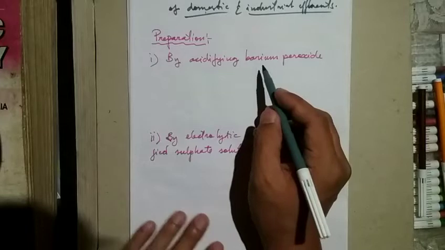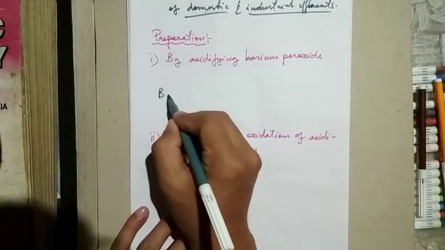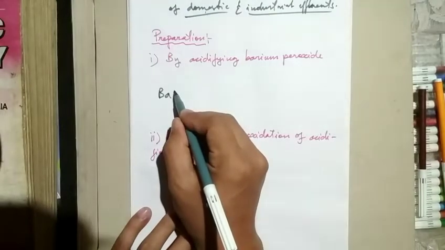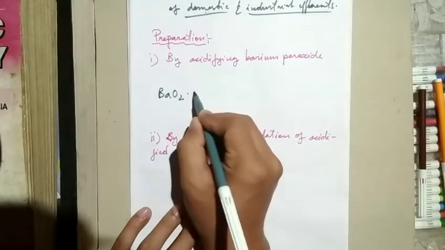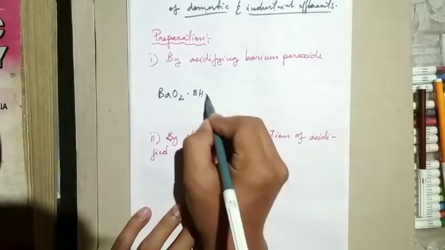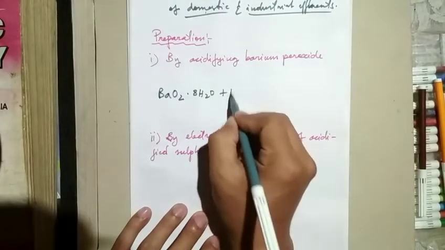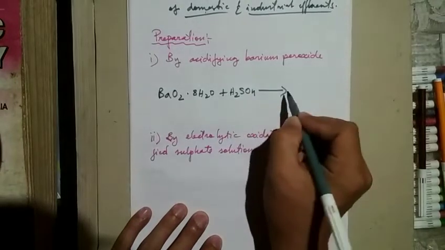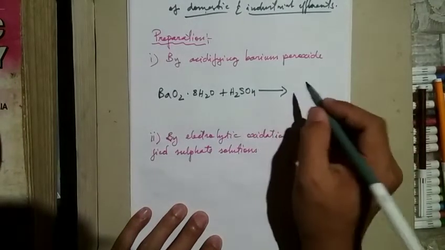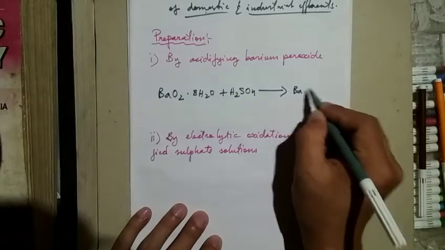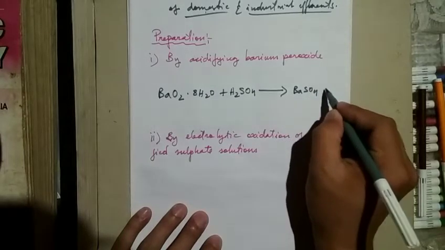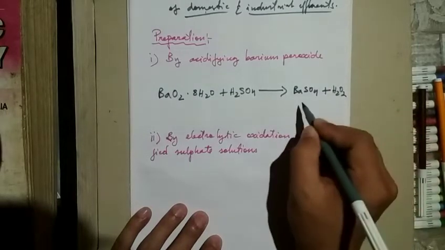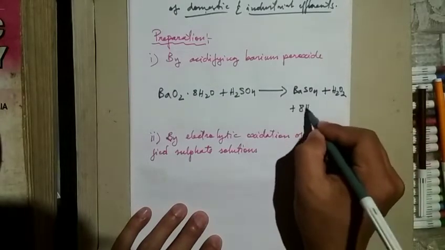So first, we will acidify this barium peroxide. The formula is BaO2.8H2O, acidified by sulfuric acid. After acidifying, what we get is barium sulfate plus H2O2, hydrogen peroxide, plus 8 molecules of water.